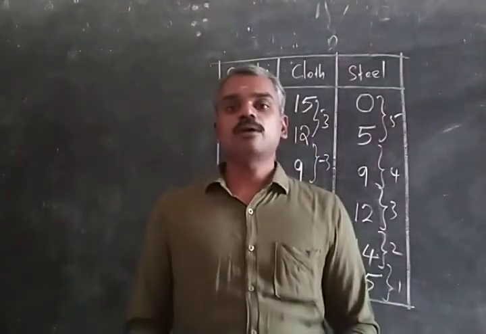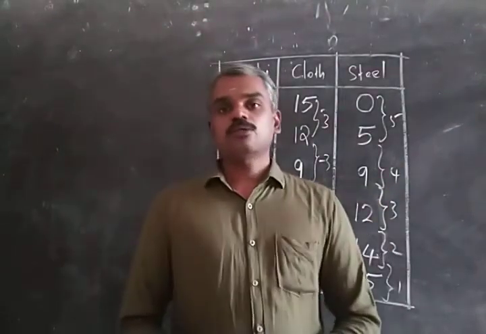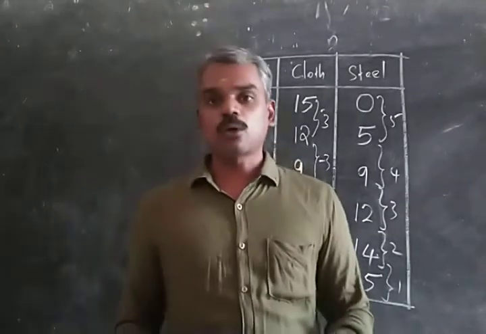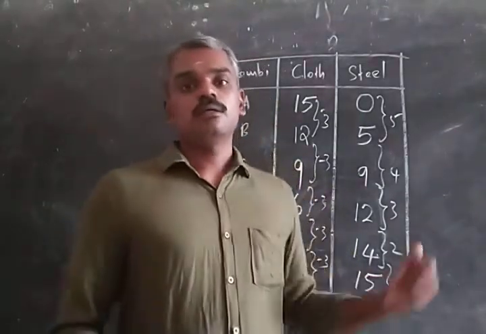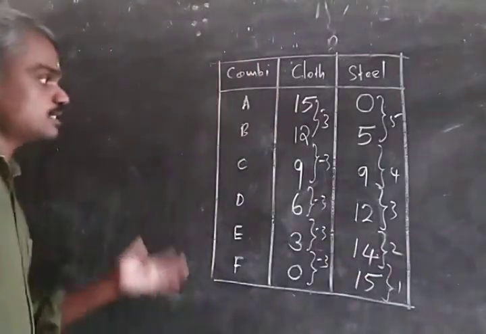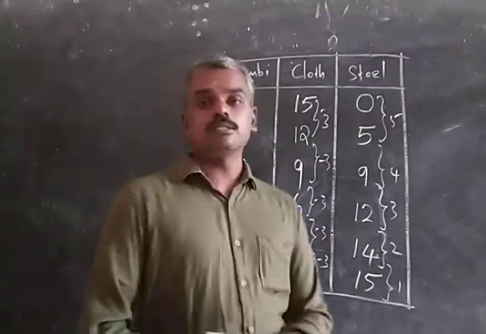The next best alternative of producing cloth is producing steel, so the opportunity cost of producing cloth is the number of units of steel that could have been produced. And you can see that this opportunity cost is increasing.